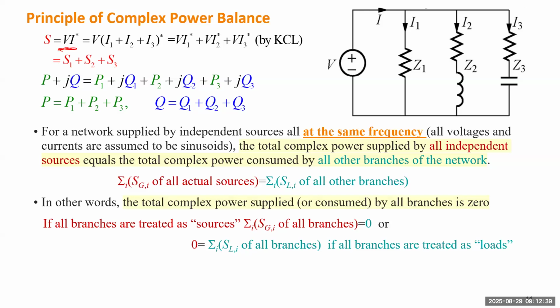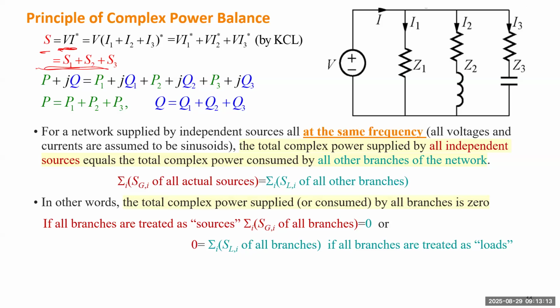If we apply this formula to each branch in the circuit, and assume the three parallel branches are all loads, the sum will be equal to the total complex power sent from the source, which can be easily proved. For this case, we can utilize Kirchhoff's current law. But if you have a more complex circuit, you can apply Kirchhoff's voltage law as well. So finally, we'll have the balance.